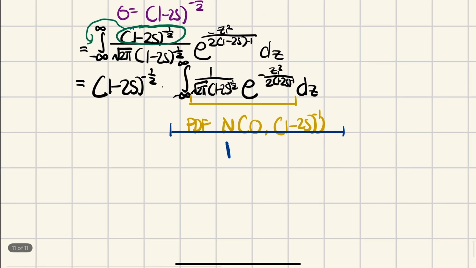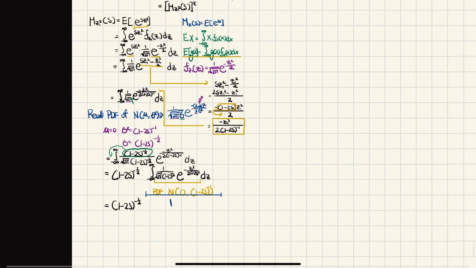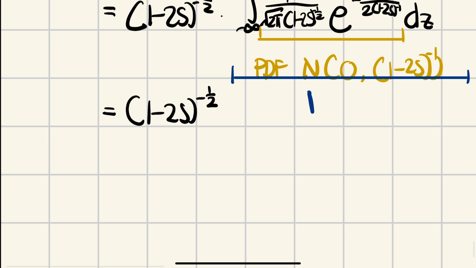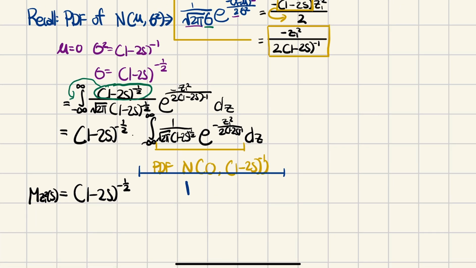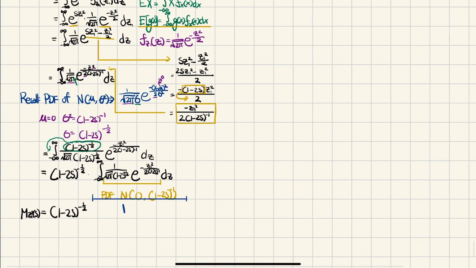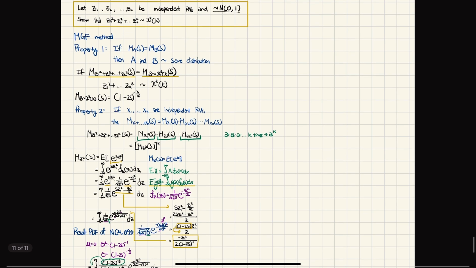Since we've established that, this would just be 1 minus 2s to the negative half times 1, which is just this. So we now know that the moment generating function of z1 squared is 1 minus 2s to the power of negative half. Phew, that was a mouthful. That was a lot to digest.